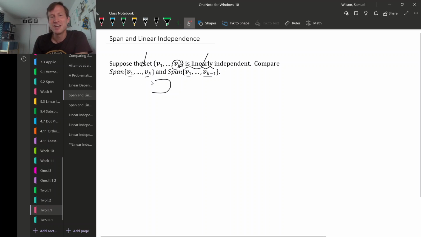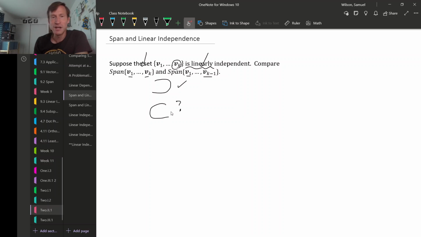So the question is, does having this extra vector v_k give us a bigger subspace for this span? So this containment we know for sure, that one's pretty clear. The only question is, what about the other containment?